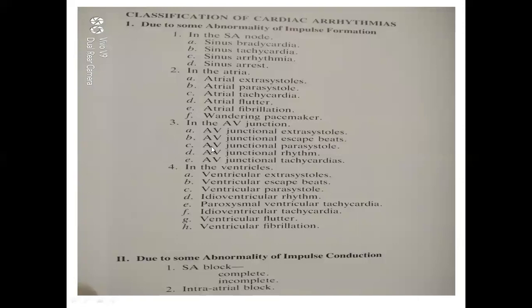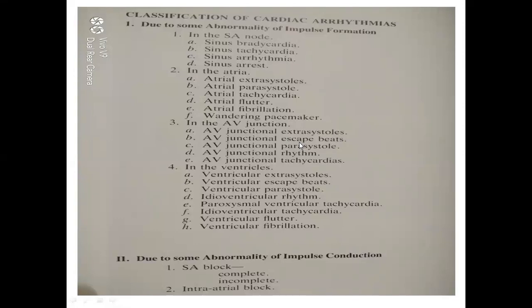When the AV junction beats extra, that is called AV junctional extrasystole. They are supposed to beat at 50. Now they are beating at 60 or maybe 65 or 68. Is it clear? If in the AV junction there are extra beats escaping in between, they are called escape beats.